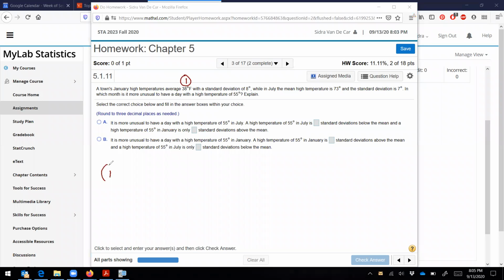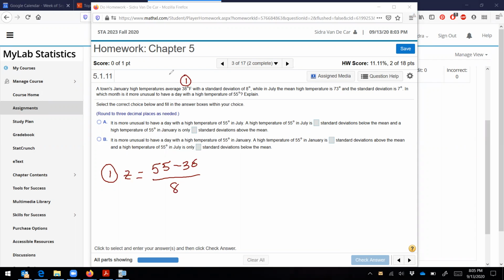The z-score there would be this individual score of 55 minus the average of 38, over the standard deviation of 8.